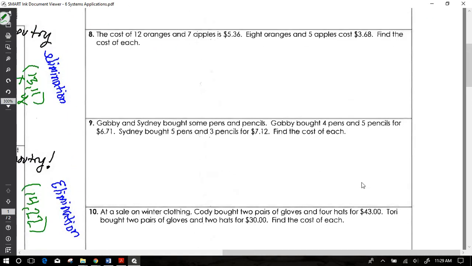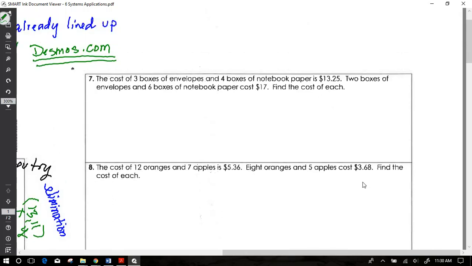All right, let's go over and do the right side of our paper now. And I just want to make a note that these equations that we're about to start looking at are going to be standard form. Standard form equations are even easier to translate. So number 7 says the cost of 3 boxes of envelopes. So x is going to equal envelopes.